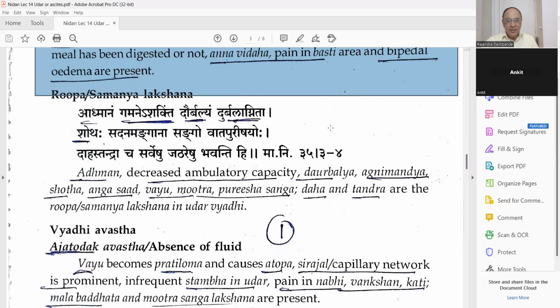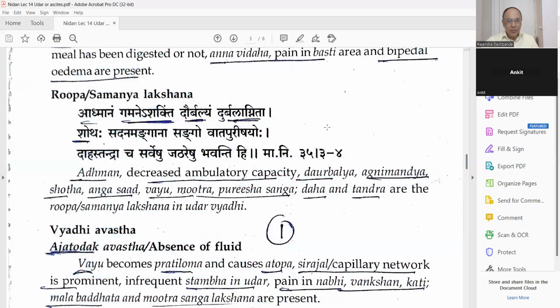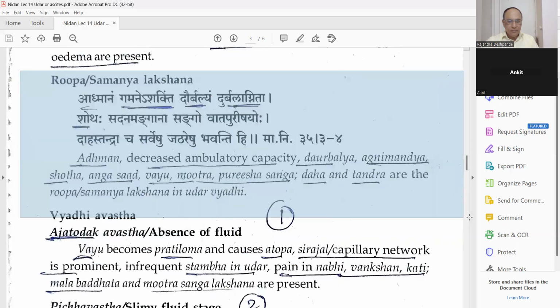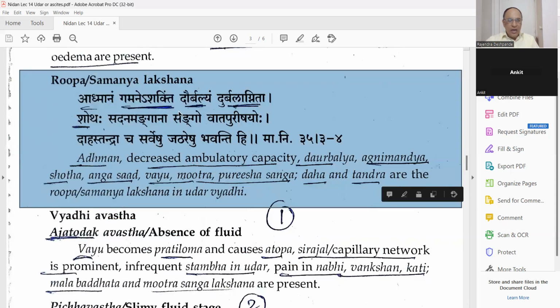Rupa means Lakshana. Can you see? Adhmanam gamane ashaktim, daurbalyam durbala agnita, shotha sadanam anganam, sango vata purishayo, daha tandra cha sarveshu jatareshu bhavanti.